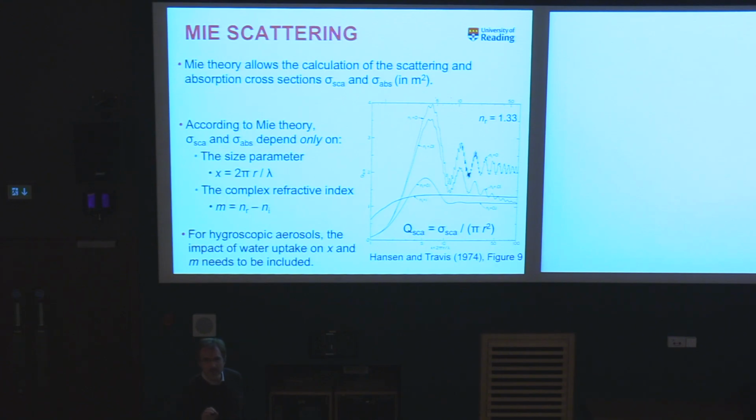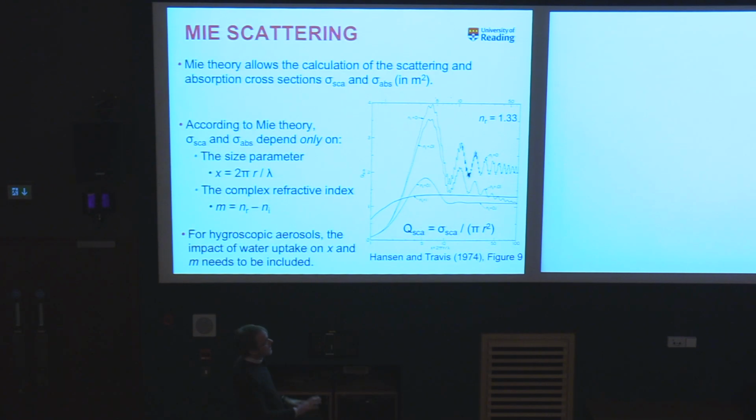So that means that the aerosol is purely scattering. And then as you increase the imaginary part, the absorption increases. What is plotted is the ratio between the scattering cross-section and the geometric cross-section. So if you prefer, how the aerosol is seen by a photon compared to how the aerosol is seen by us.